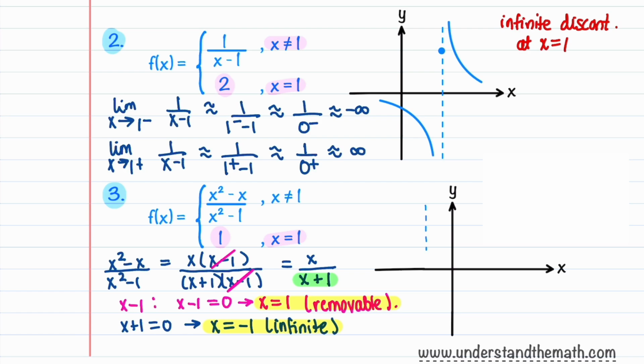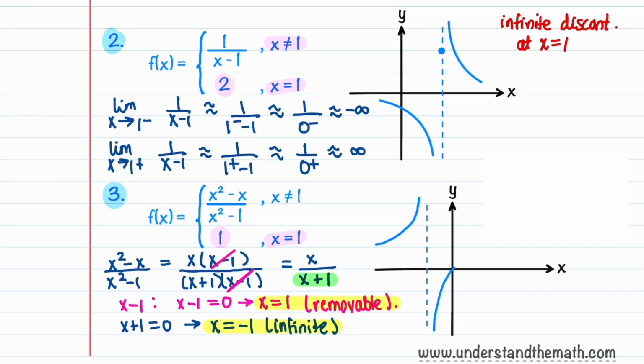At negative 1, we have an infinite discontinuity. So that means we're going to have an asymptote there. Our function actually has a horizontal asymptote at y is equal to 1. Again, there's no way that you would know that at this point. Just take my word for it. And then on the right-hand side of our asymptote, our function's going to go down like this.